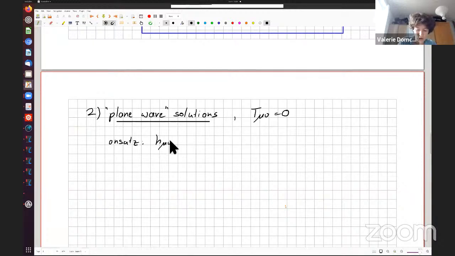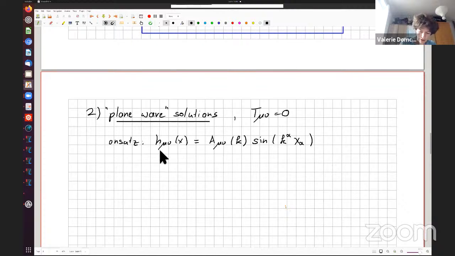So h mu nu of x, you can make an ansatz that this should be solved by some amplitude which can depend on k. So this is essentially a plane wave solution of Fourier transform, and then e to the i k alpha x alpha.